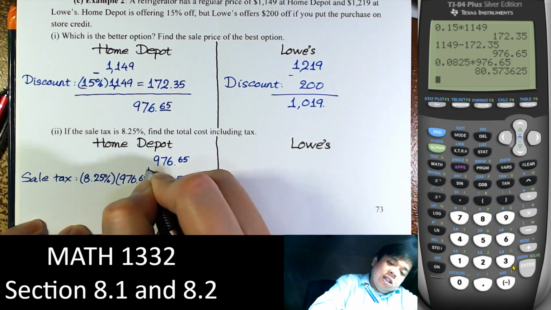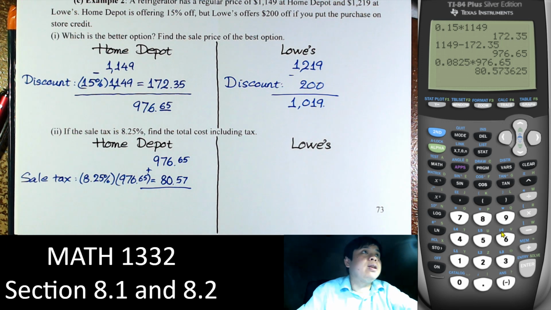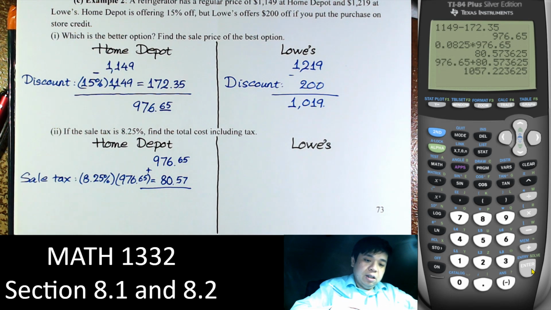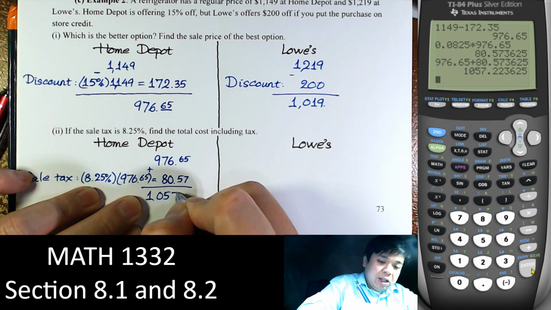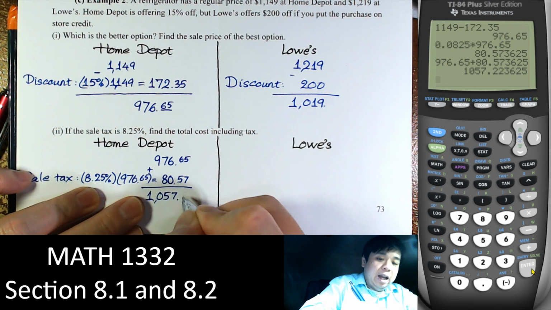And then we just add the sales tax. So I highlight this number, that is the original sale price, and then plus the sales tax, that is $1,057.22.